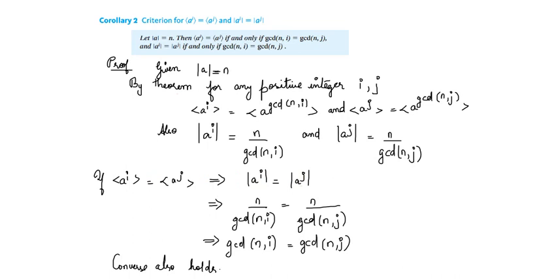We have written those equations here. This is your first equation, this is your second equation. When you replace that, n in the numerator will get cancelled and you get GCD of n and i is equal to GCD of n and j. So the converse also holds, that is, if the GCDs are equal, you can just write the reverse of this, vice versa. That is the second corollary.